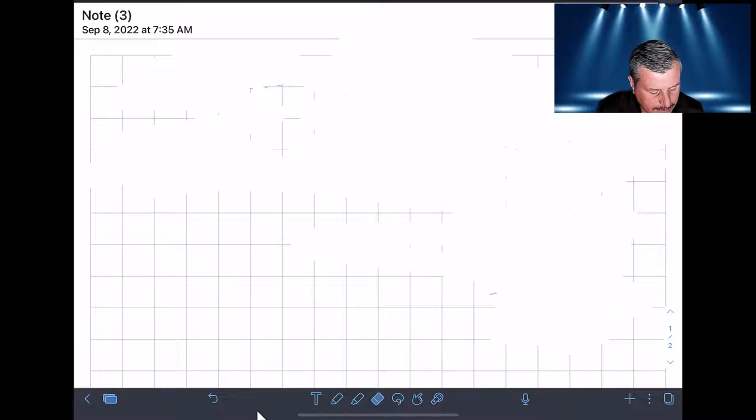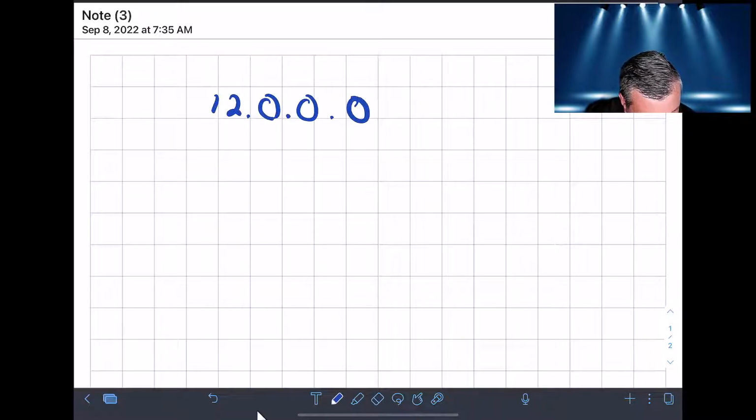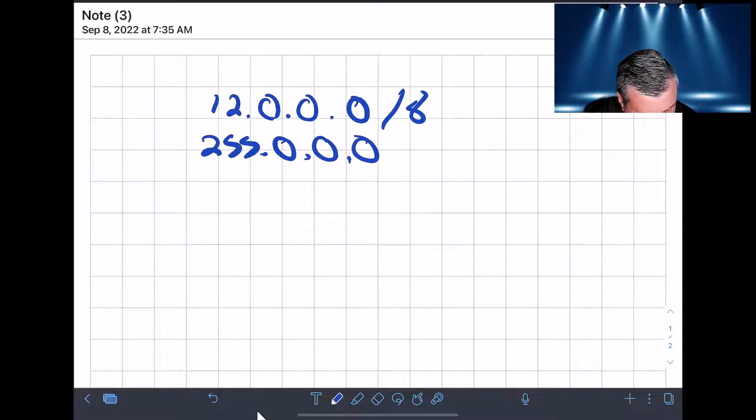So again, let's look at this address 12. We said we have 12.0.0.0, and we can represent that as a /8 or 255.0.0.0.